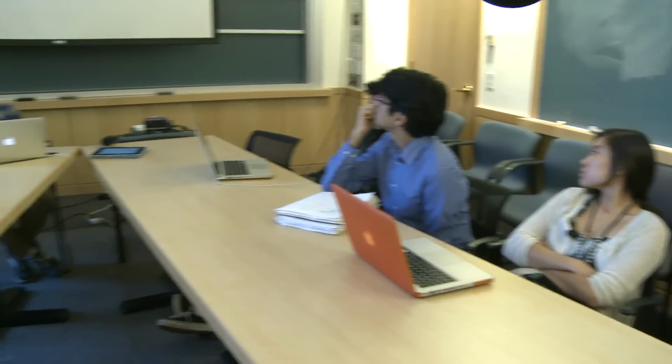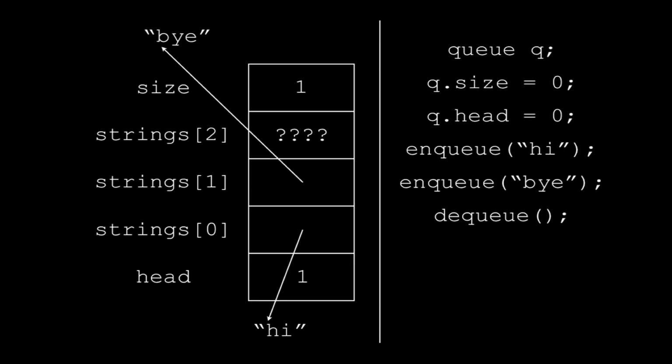Yeah, exactly. So what happened was, if dequeuing the high element was done, and we didn't have this head field because we were always calling strings at 0 index the head of our queue, then we'd have to shift the rest of the queue down, right?